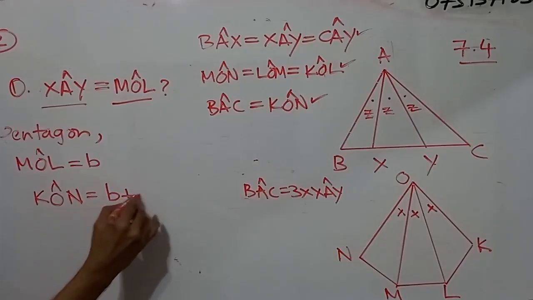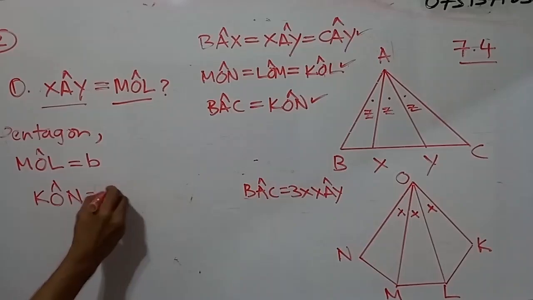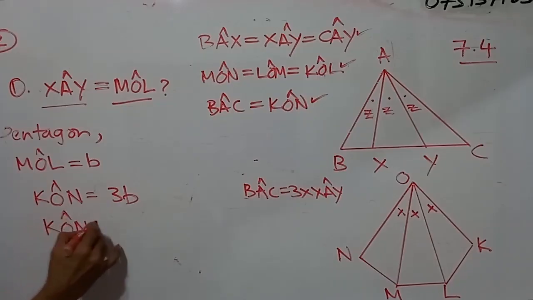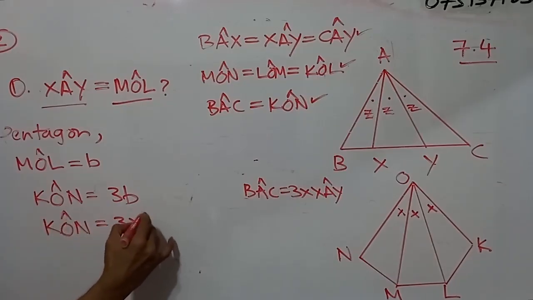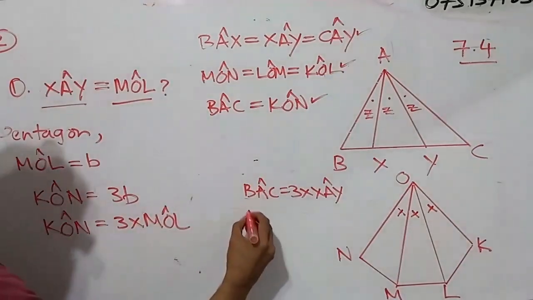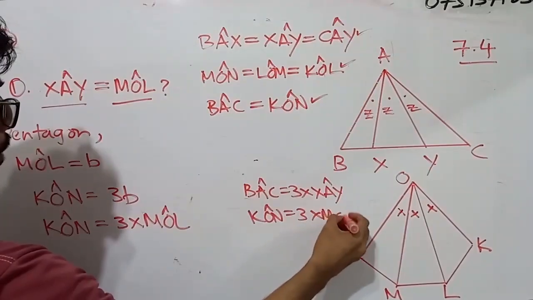B plus B, no? In other words, we can say 3B. Also, I can rewrite KON as 3 times MOL. So, KON angle is 3 times MOL.